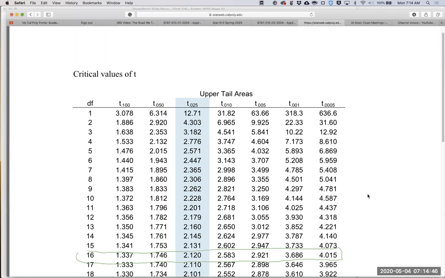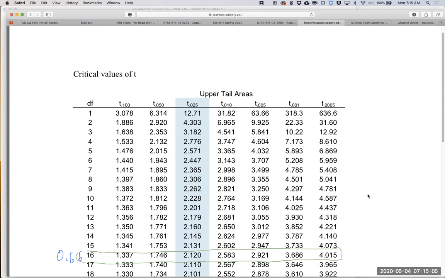I'm noticing that it's not here anywhere. But if it were in that bottom row, it would be off to the very left. 0.66 would be way down there.